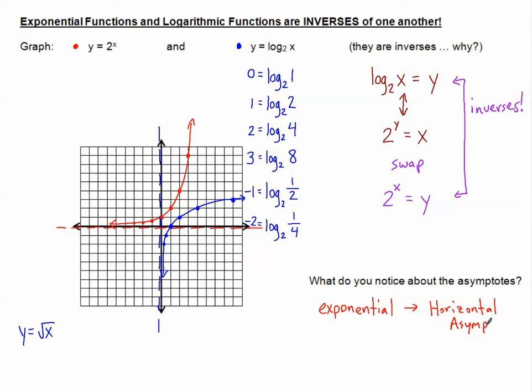The exponential functions that we've been graphing have horizontal asymptotes, and the logarithmic ones that we're going to be graphing today, because they're inverses, have vertical asymptotes. So when we find our starting point today, we're going to put a vertical asymptote right through that. Okay, so let's look at two examples.